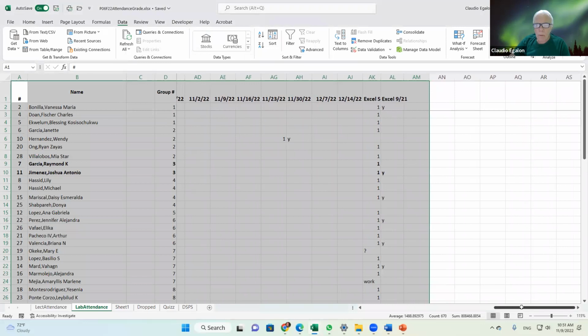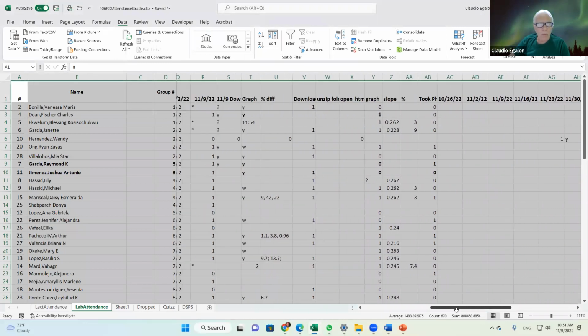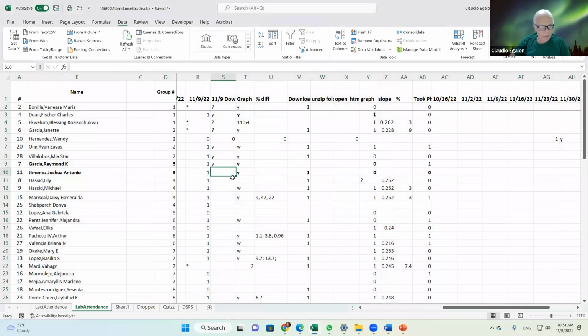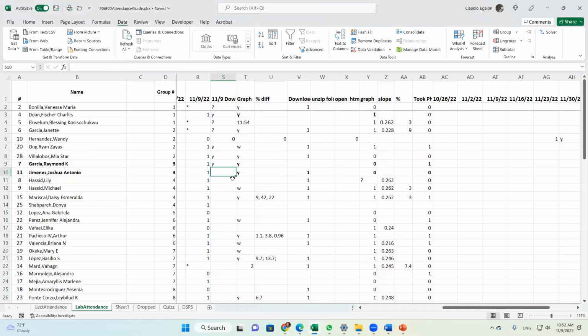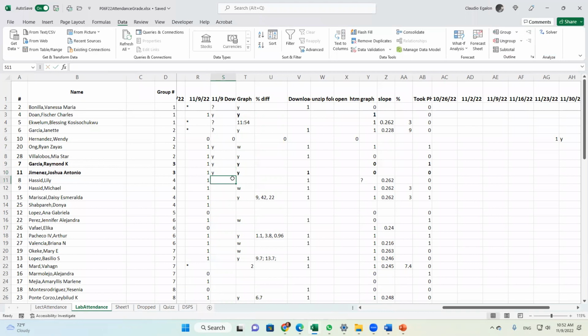What's going on here today is the 9th. Okay, concentrate on that. Okay, next in line here is Joshua. Are you there, Joshua? Yeah, I'm here, Professor. Okay, you're working with Raymond, is that right? Yeah, we already have the spreadsheet downloaded. You downloaded it already. Okay, so now you're gonna plot the graph, right? Yes, sir. Okay, thank you.